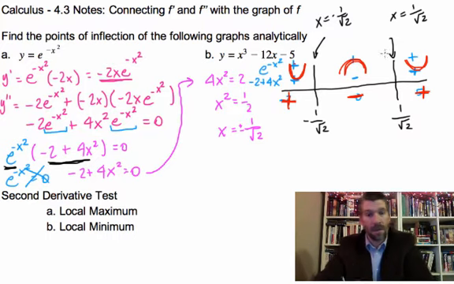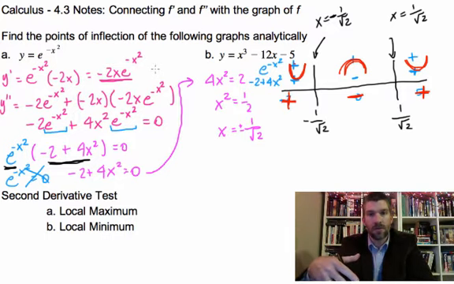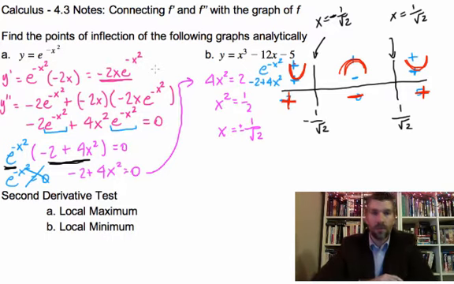Now, where does that occur? I don't know. What I can do, though, is take this negative 1 over square root of 2 and plug it into my original function. The reason I plug it into my original function is I want the point of inflection for my function, for y equals e to the negative x squared. And so to find that, I'm just going to go y equals e to the negative x squared.